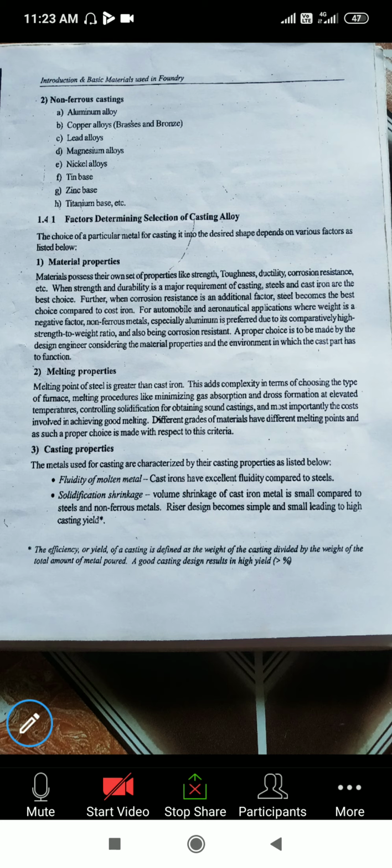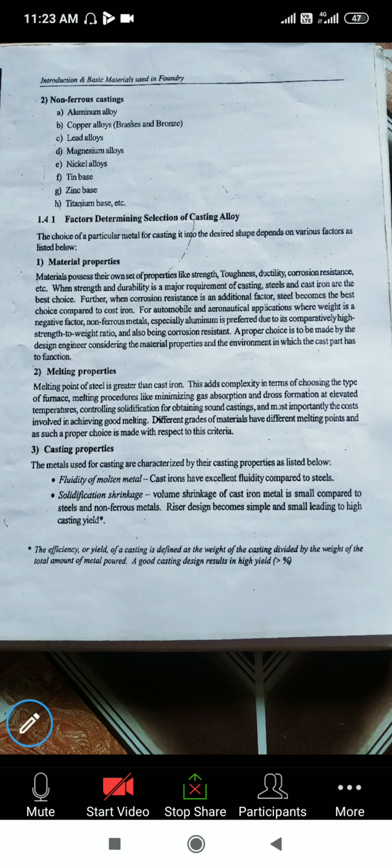What do you mean by the material properties? The materials possess their own sets of properties like strength, toughness, ductility, corrosion resistance, etc. Each and every material has its own mechanical properties, and on that basis the casting alloys are identified. What do you mean by alloys?